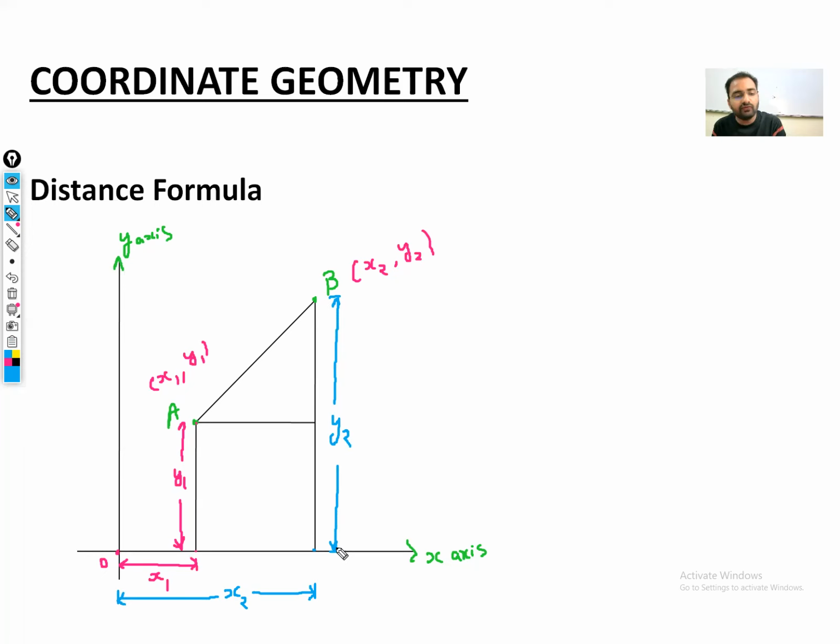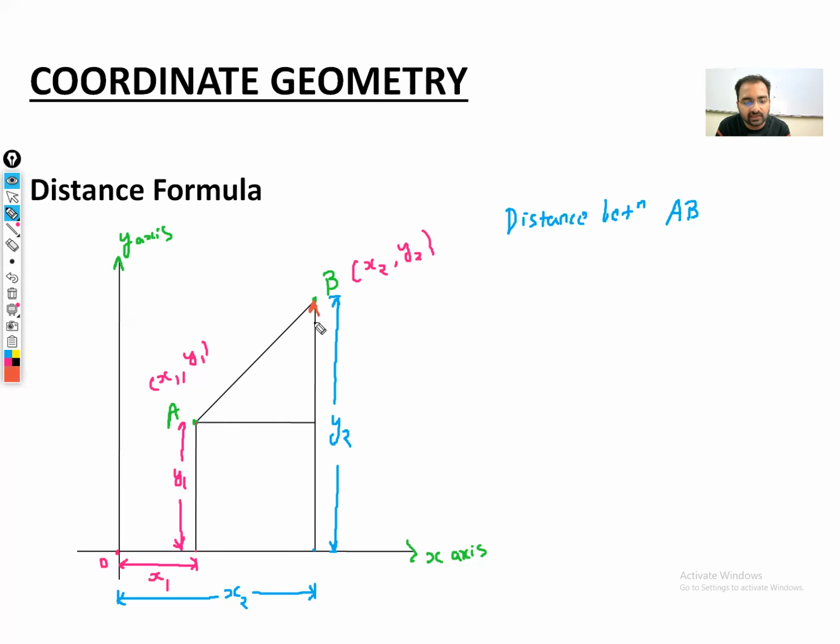Now, if I have to find the distance between AB, how can I calculate the distance of AB? Now see, if this is y1, this complete is y2. So what is the length of this side?